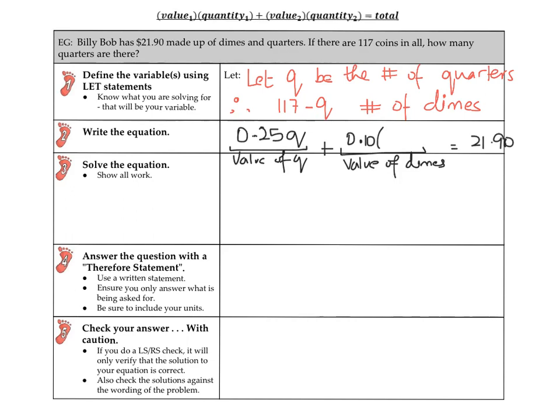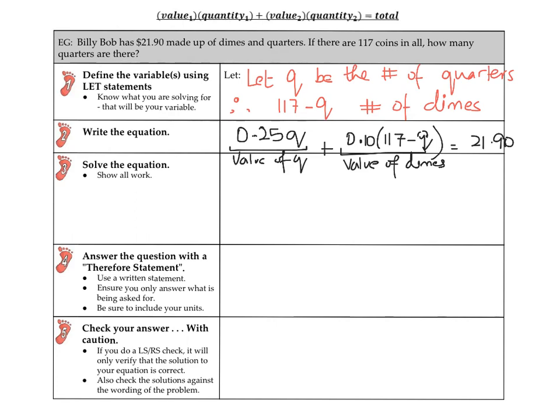We will take it from right here, 117 minus Q. That's the number of dimes we have. So this will be 0.10 times (117 minus Q).